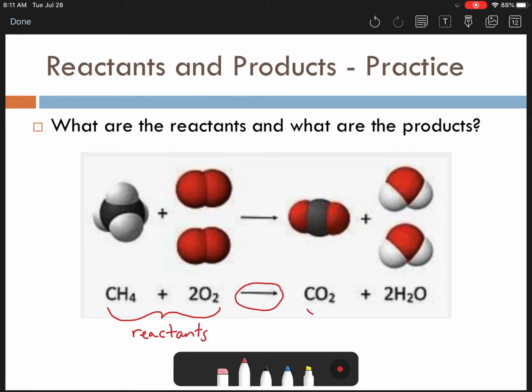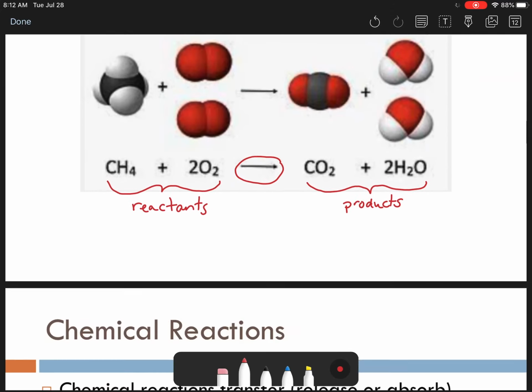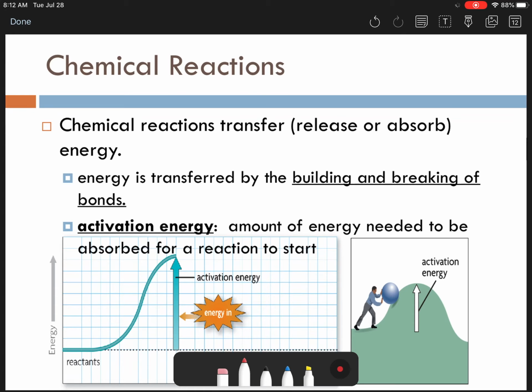So your methane and your oxygen. Whatever comes after the arrow are your products, because that's what's being produced. All right, so always, first thing, if you're asked what are the reactants and the products, find that arrow, because that's the easiest way to tell what are the reactants and what are the products.